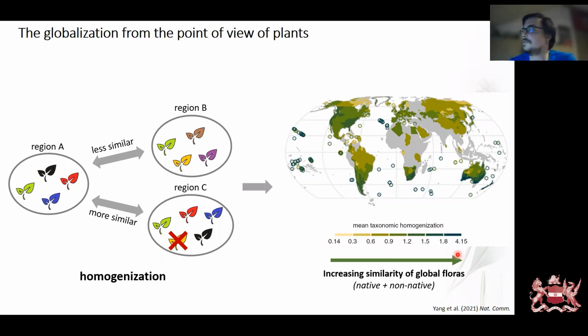We see here again a high degree of homogenization, especially in these temperate regions. But we also see that in all these regions that we are looking at, there is an increase in the similarity of the floras globally.